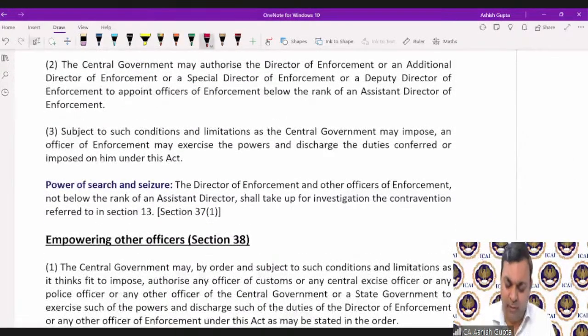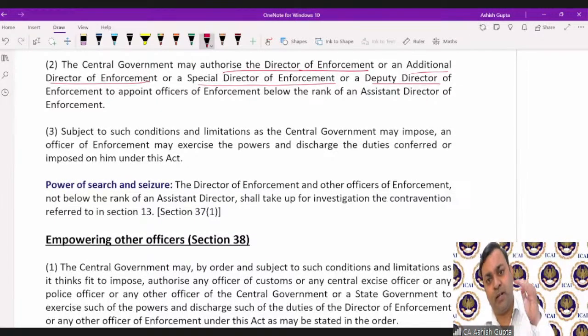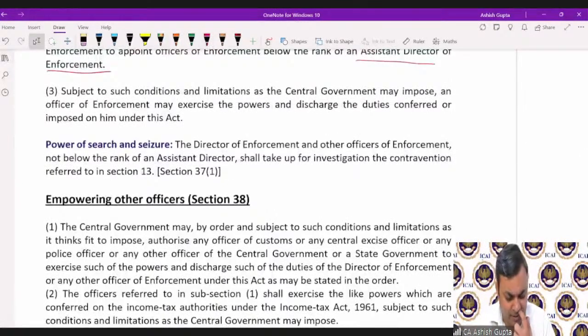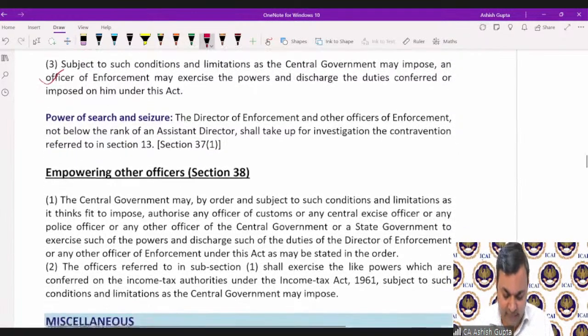The central government may authorize the Director, Additional Director, Special Director, and Deputy Director to appoint officers of enforcement below the rank of Assistant Director of Enforcement, subject to such conditions and limitations as the central government may impose. An officer of enforcement may exercise the powers and discharge the functions prescribed in this Act.